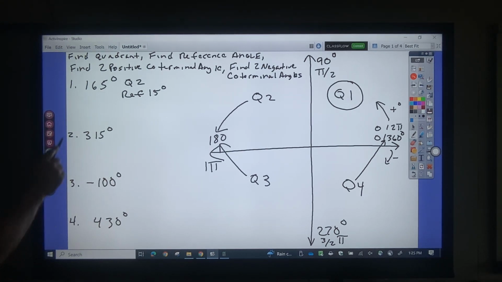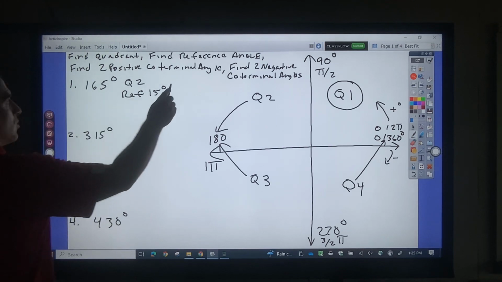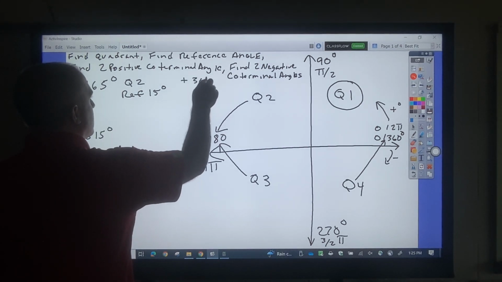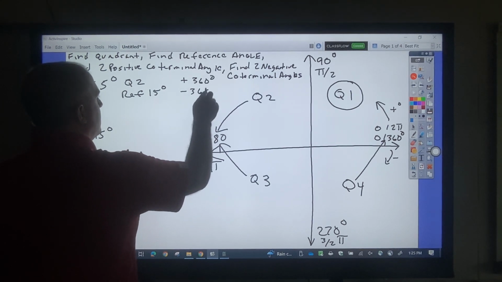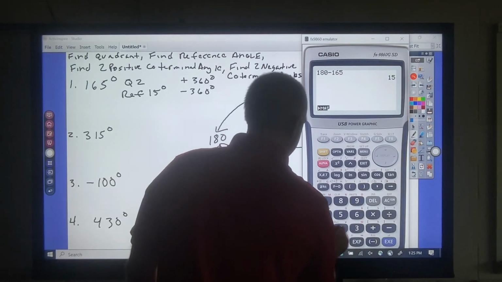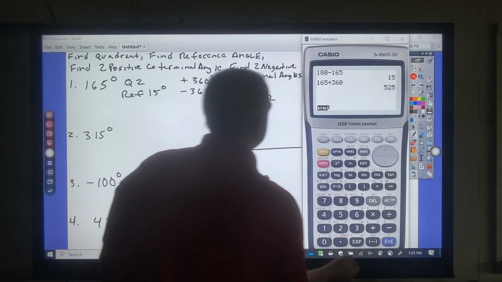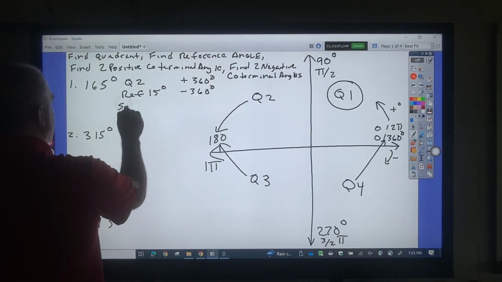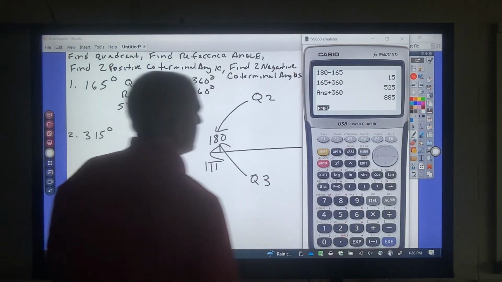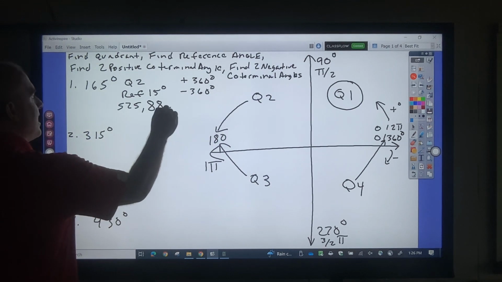To find the positive coterminal angles, when it's degrees, you add 360 and subtract 360 and just make sure your amounts are right. So 165 plus 360 is 525. Okay, plus another 360 is 885. And why are those coterminal?